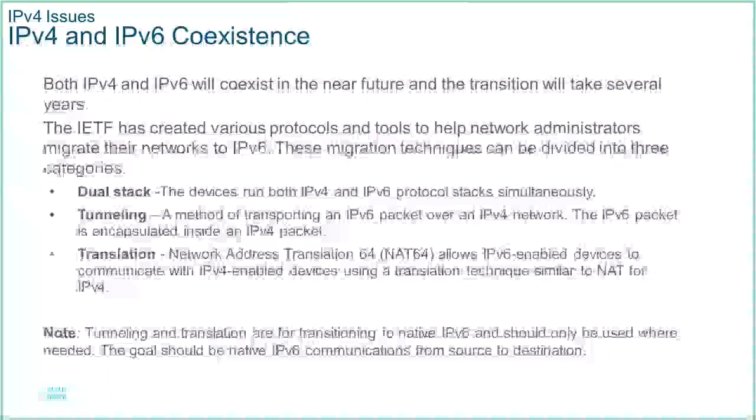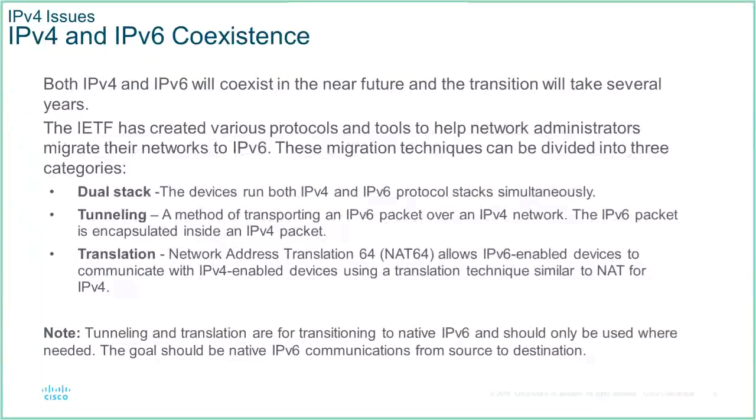So for the time being, as we transition across to IPv6, both IPv4 and v6 will coexist for a number of years still, and there's a number of techniques that are being used during this transition period. One of them is dual stacking, where we run both v4 and v6 addressing spaces on the interfaces at the same time. Tunneling allows us to connect pockets of addressing to each other using a tunnel, pretty much like a VPN.